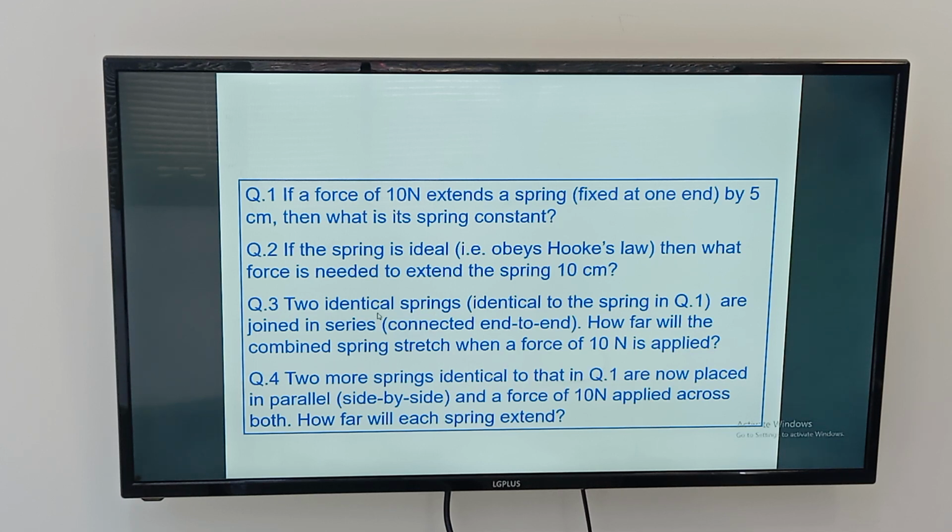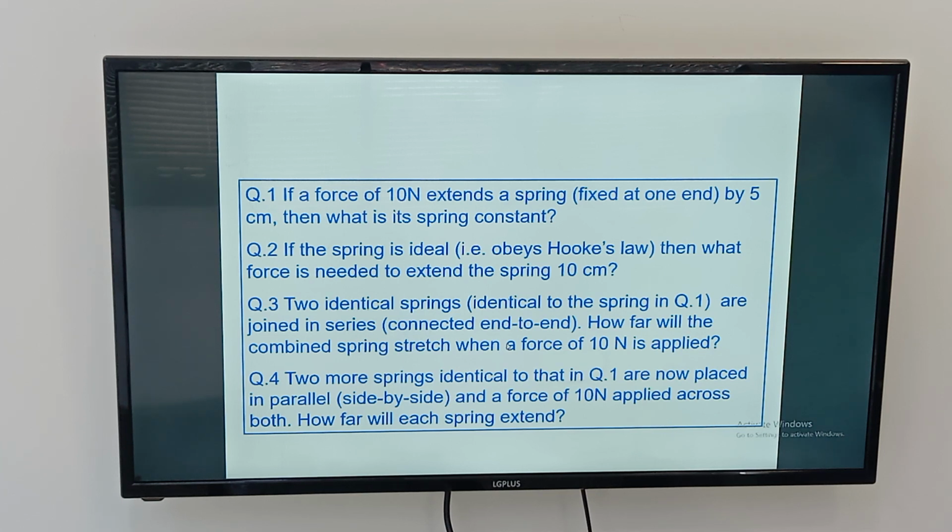Question 3. Two springs identical to the spring in question 1, which means a force of 10 Newton extends them by 5 centimeters, are joined in series, connected end to end. It means we have two springs connected to each other.